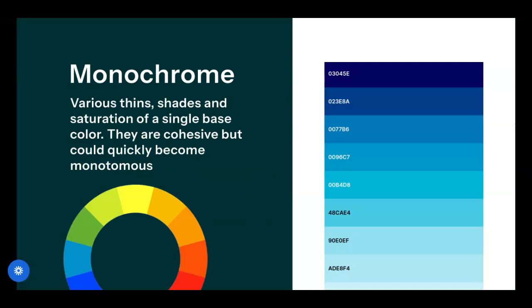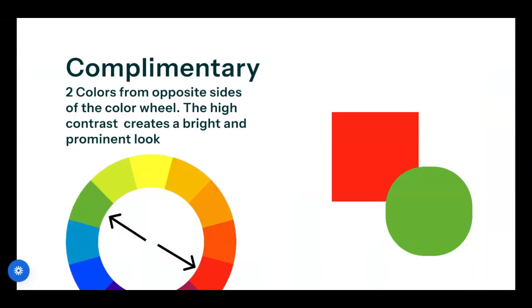So, for example, if you pick blue, you can have various saturations of the same blue color. Now, this is very cohesive, but you can easily run the risk of having a monotonous color scheme and everything looks kind of boring. So you want to be careful when picking out a monochrome color scheme.